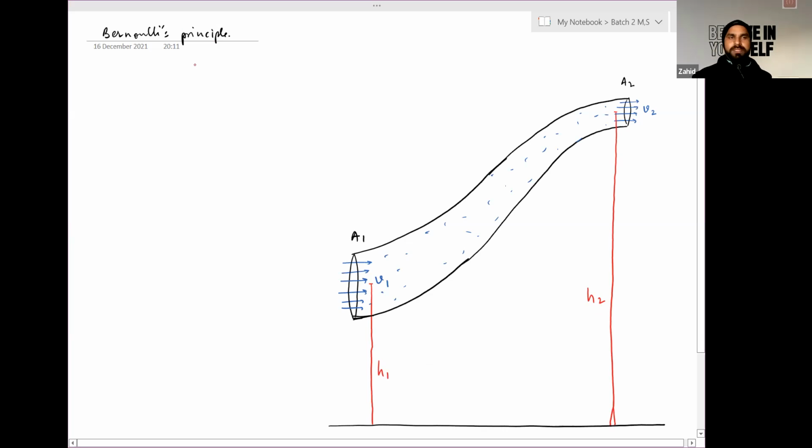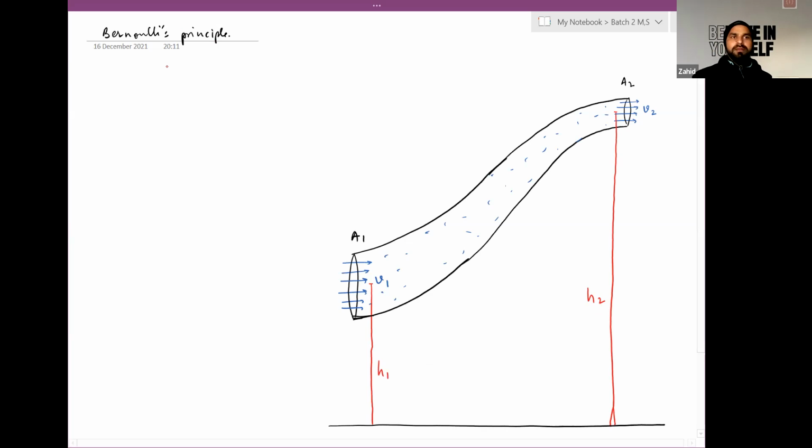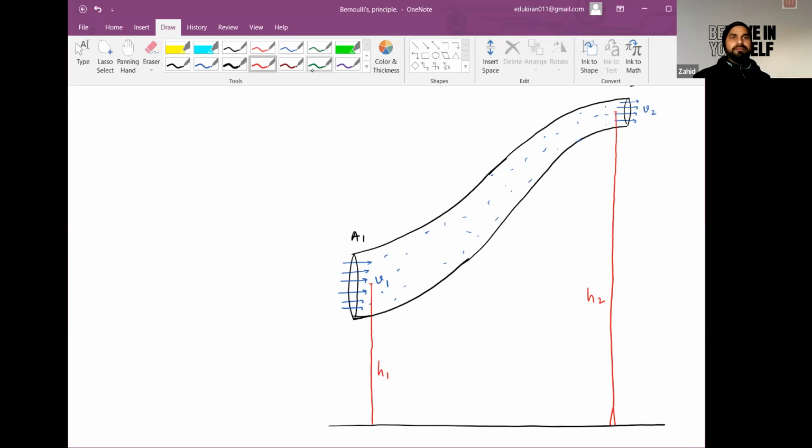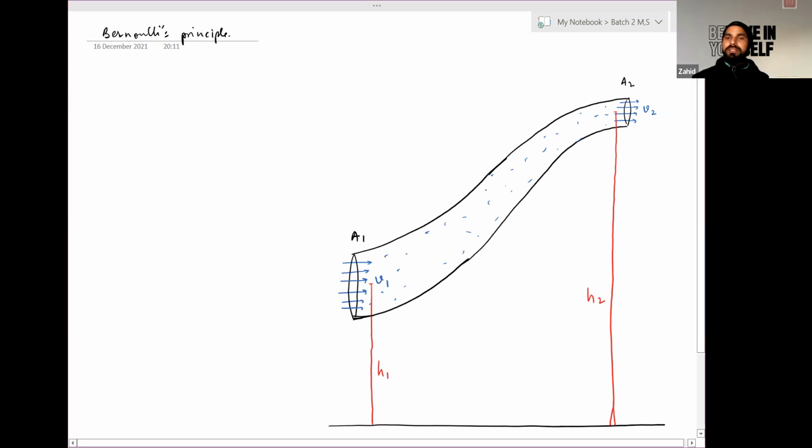According to Bernoulli's principle, the sum of pressure, kinetic energy per unit volume, and potential energy per unit volume for the flow of non-viscous incompressible liquid at any instant should always be constant. Let me define the statement of Bernoulli's principle.